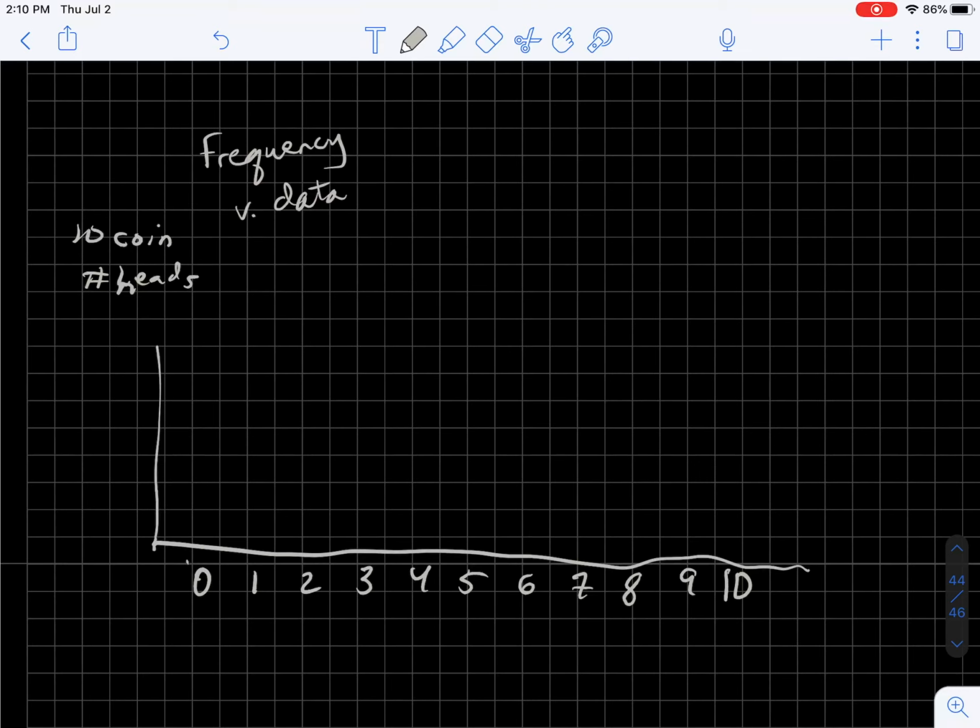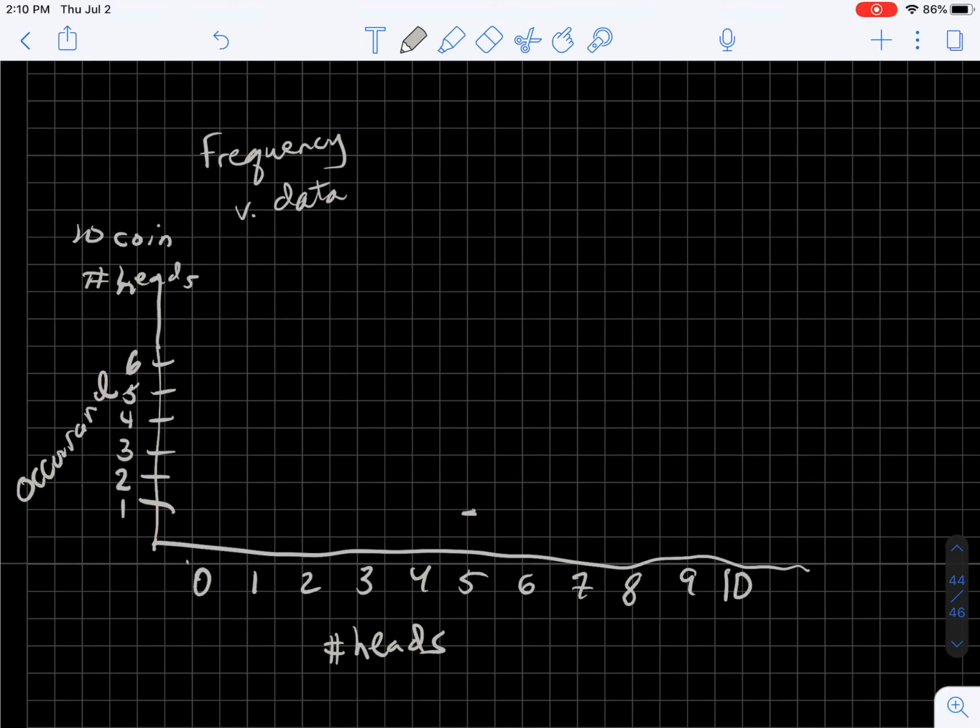And then we flip the coins, and I'm going to set up my axis over here. 1, 2 occurrences, 3, 4, 5, 6. So again, this is going to be occurrence versus number of heads from that occurrence. So the first time I flip the coins, I get 5-5.